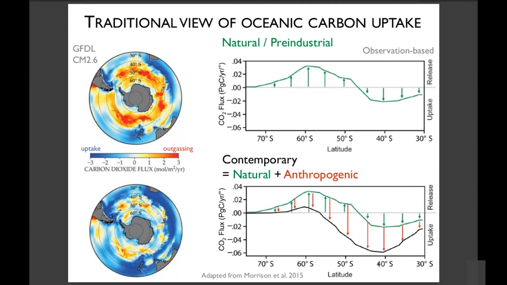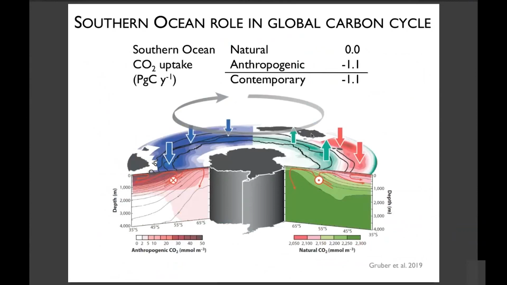And this is our traditional view, that the contemporary uptake of carbon in the Southern Ocean is significant. It's summarized here in this nice schematic from Gruber et al. in 2019. On the left-hand side is the anthropogenic CO2 shown in the colors, the lines show the isopycnals, and the arrows show the sense of the overturning circulation.